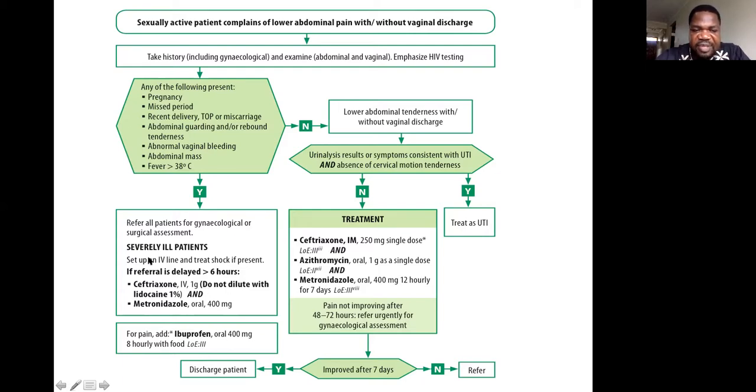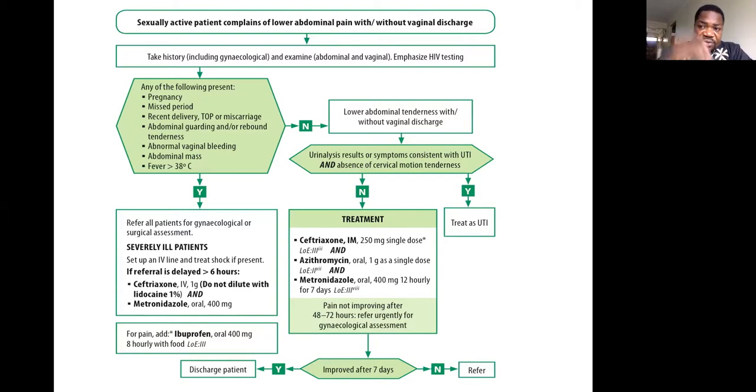But if the patient is severely ill and there will be a delay in referral, you need to put an IV line and put this patient on ceftriaxone 1 gram IV. So this is now IV 1 gram, not like what we did before, intramuscularly 250 milligrams of ceftriaxone, but here you give 1 gram intravenously.